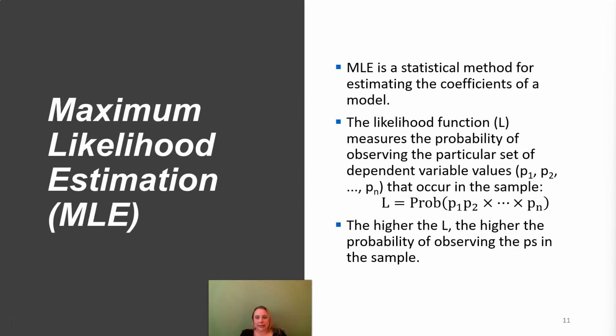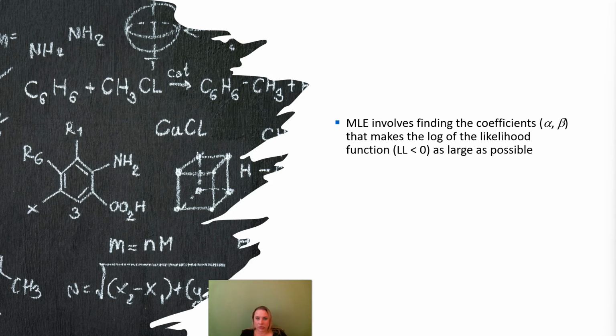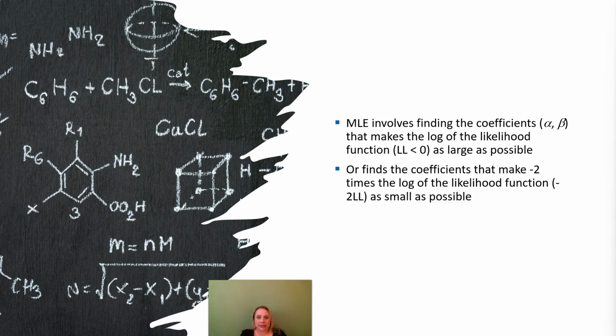So let's talk about the maximum likelihood estimation for a bit. Basically, the maximum likelihood approach is designed to find estimates of parameters that make the data that's actually observed be the most likely. It's also set to find the combination of coefficients that's going to result in the log of the likelihood function being as large as possible.